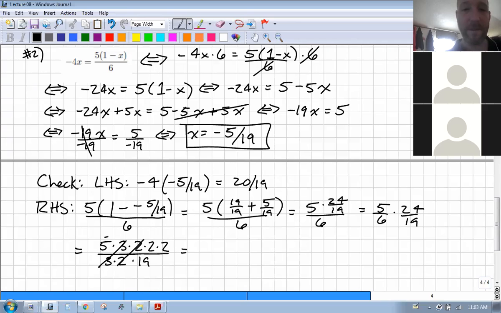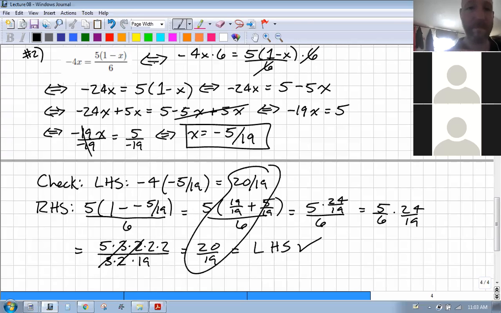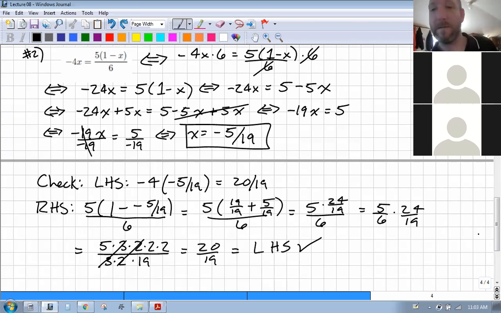So 5 times 2 is 10, times 2 is 20. This is 20/19, which is our left-hand side. So it is indeed correct.